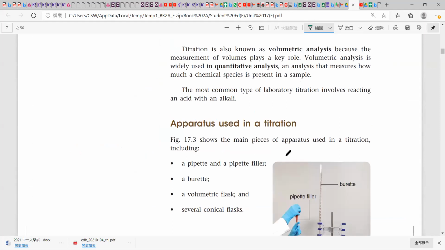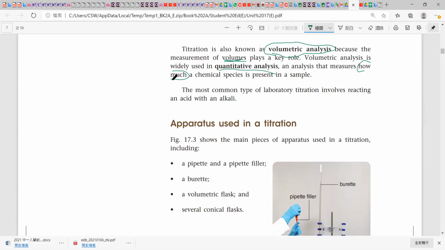We call that a type of volumetric analysis. Why? Because we deal with the measurement of volume. So it belongs to the category of quantitative analysis. Quantitative is related to quantity: how much of a chemical is found inside a sample. In the previous chapter, we talked about qualitative, which tells you the identity of the chemicals.